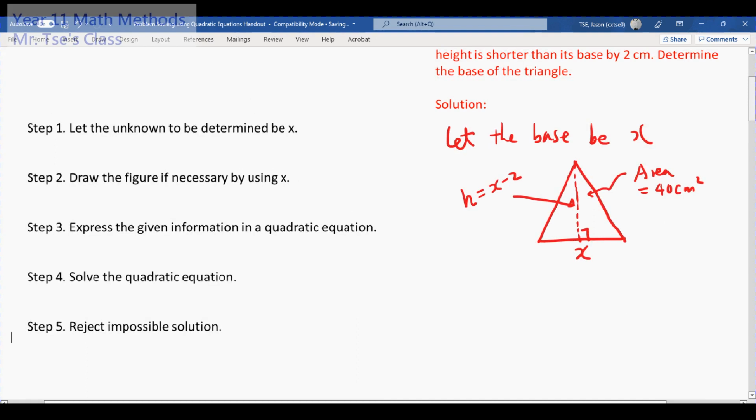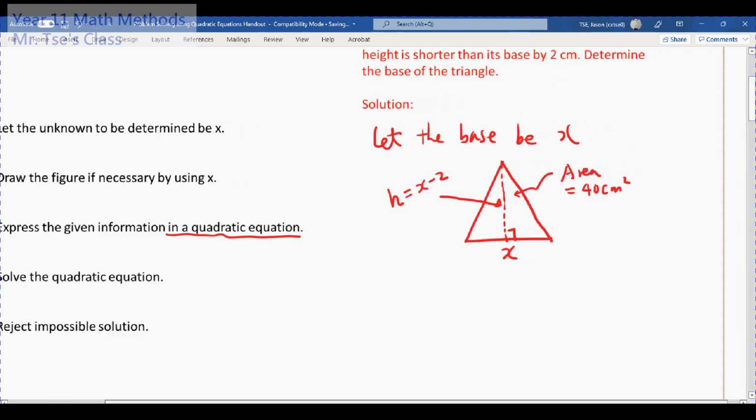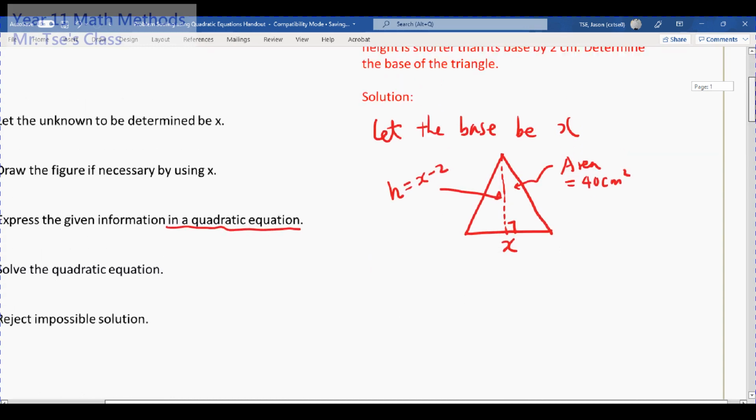Okay, and in step 3, you need to express the given information in a quadratic equation. That's why we apply quadratic equations. If you express all the information into one equation, that would be a quadratic one. So let's see why.